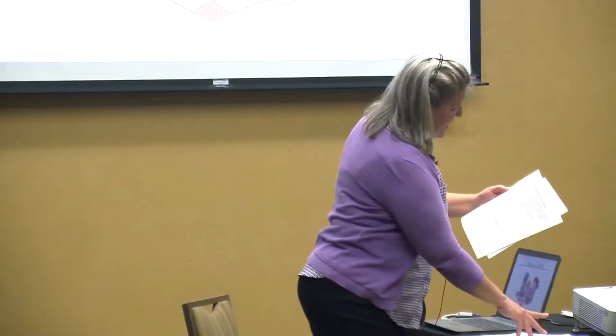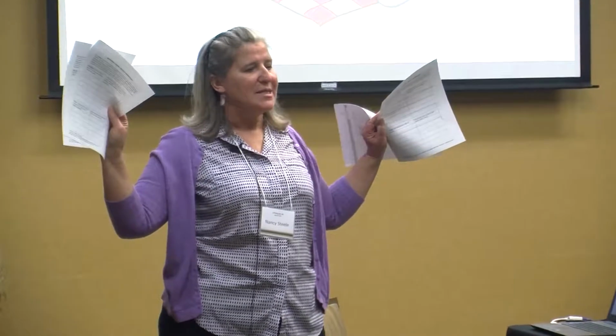When I talked this morning about knowing your child, knowing your learner, there are these informal visual skills inventories, informal auditory skills inventory, and informal tactual skills inventory. They look like this. And these are just little worksheets that might help you to know your learner just a little better.